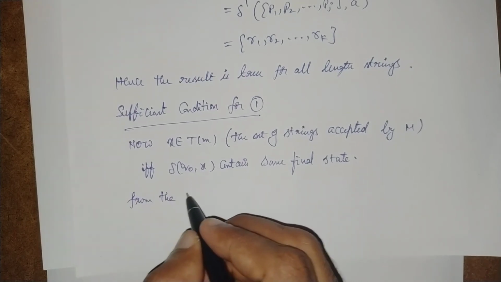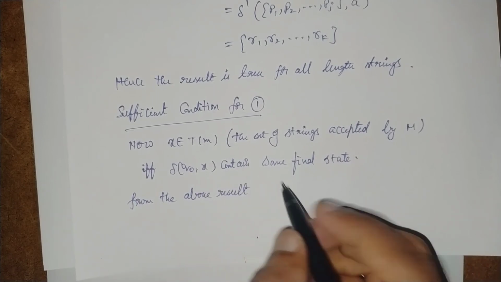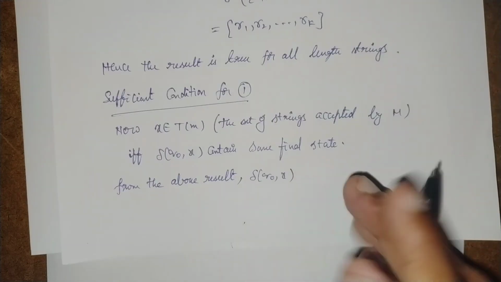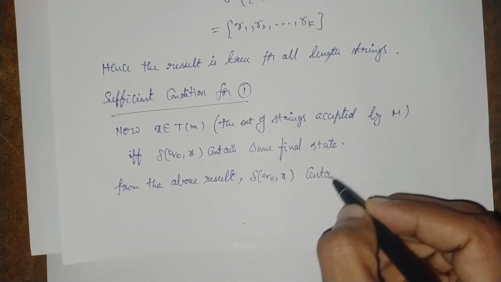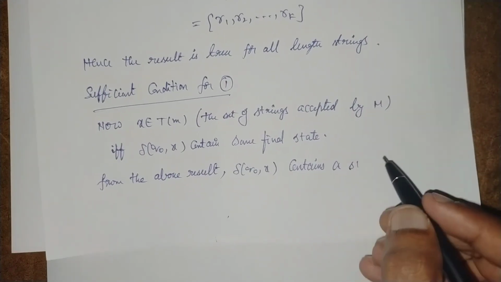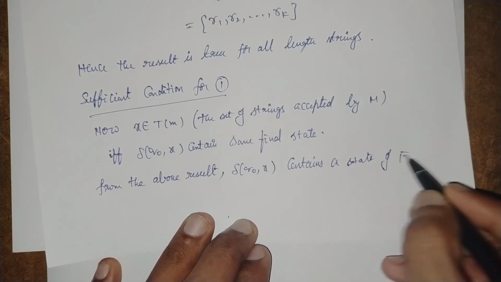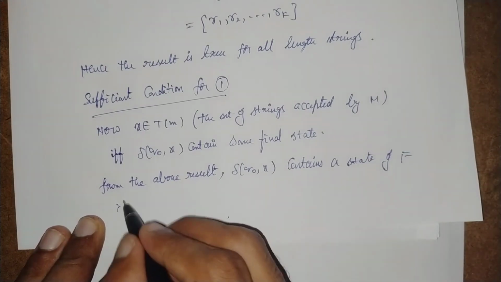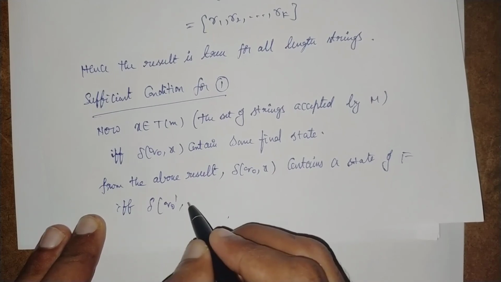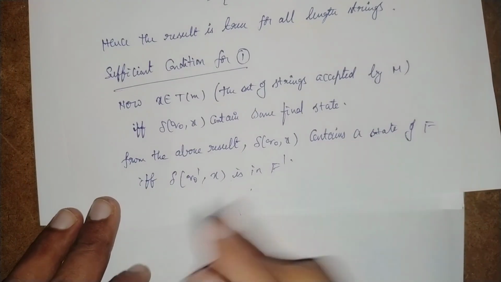we get delta of Q naught comma x contains a final state of capital M if and only if delta dash of Q naught dash, x is in F dash.